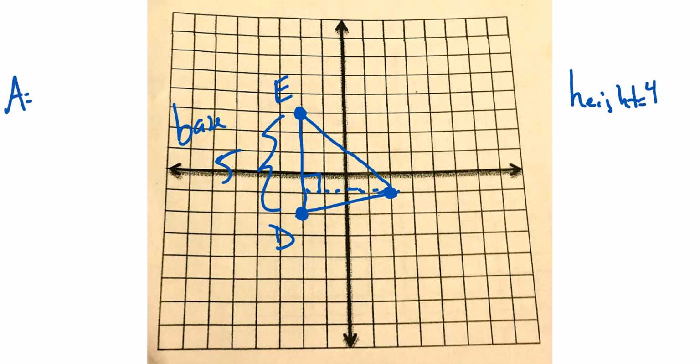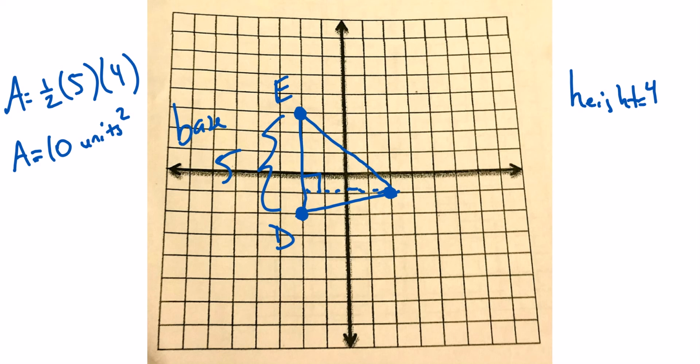So my area is equal to 1/2 base, which is 5, and my height, which is 4. 5 times 4 is 20, so my area is going to be equal to 10 square units. You can either write out square units or just put units squared. So that's my area.